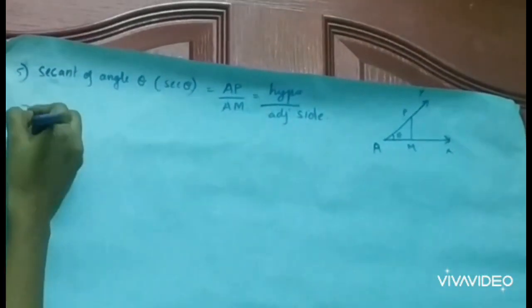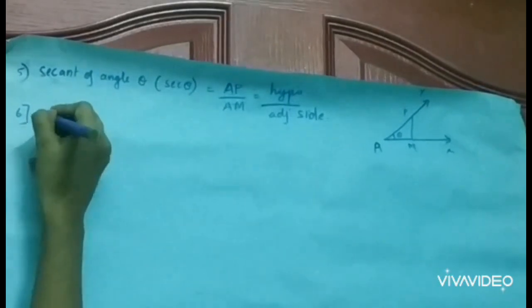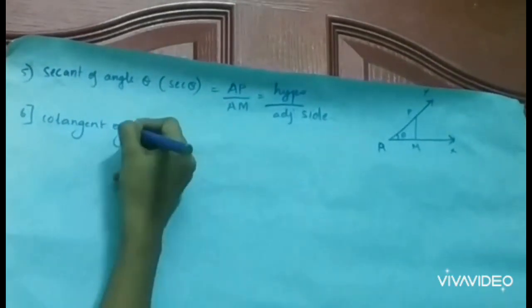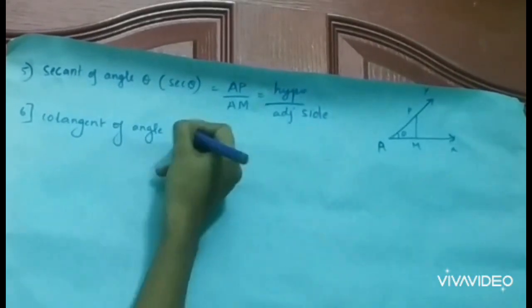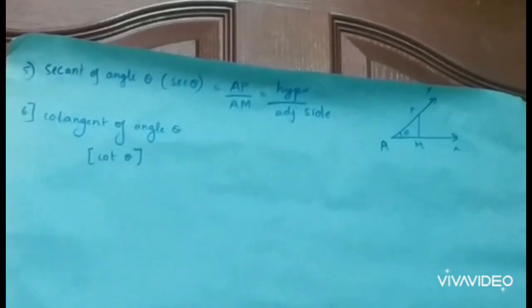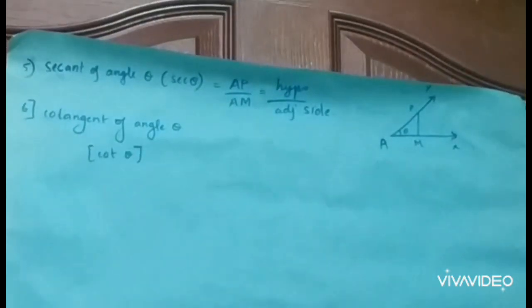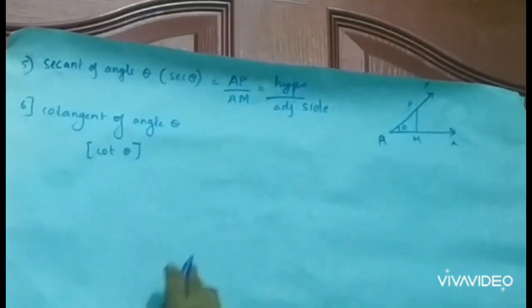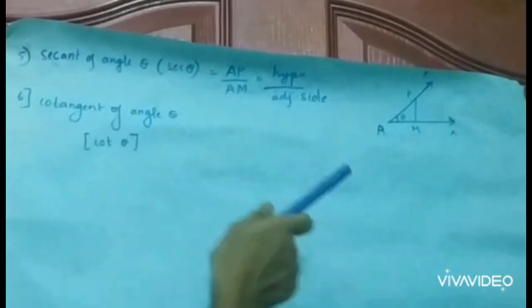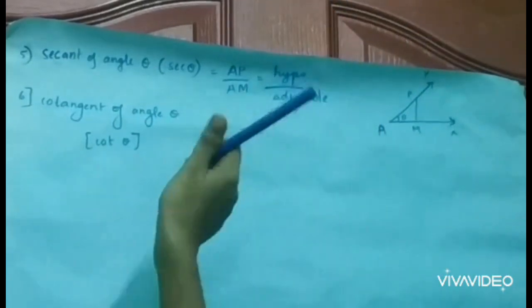Now the sixth one, that is the last one, the cotangent of angle theta, and it is represented as cot theta. Cot theta is a reciprocal of tan theta, and tan theta is actually opposite side by adjacent side. Therefore, cot theta comes out as adjacent side by opposite side.